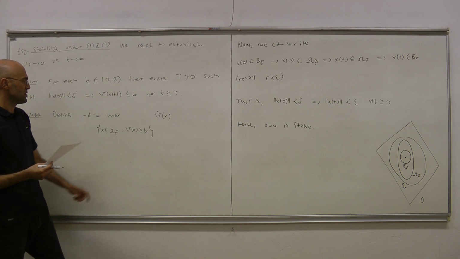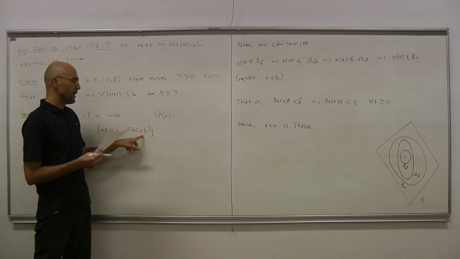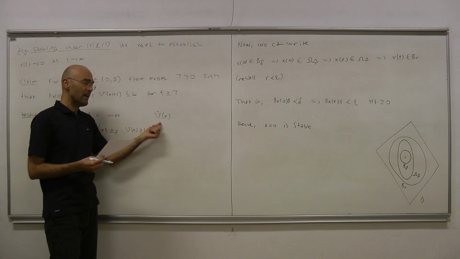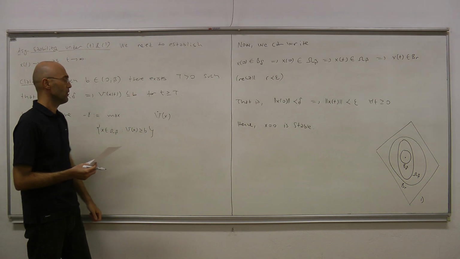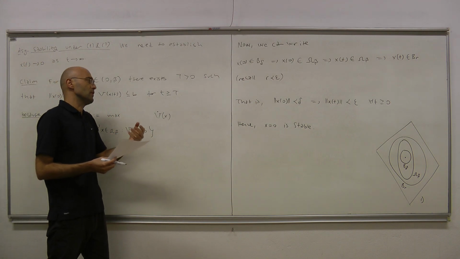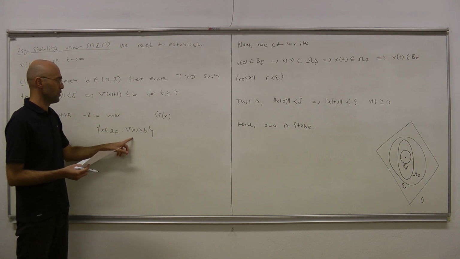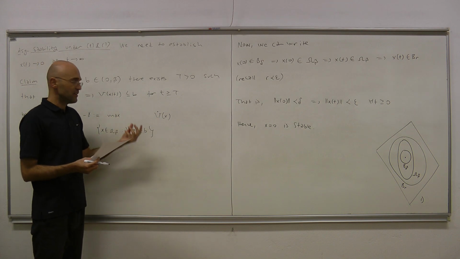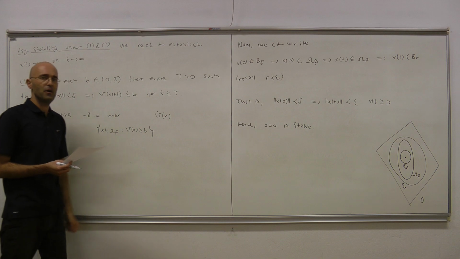Okay. Now since v of x greater than or equal to b guarantees that x is far away, maybe not far away, but there's some distance from the origin, v dot is always negative in that closed and bounded set.